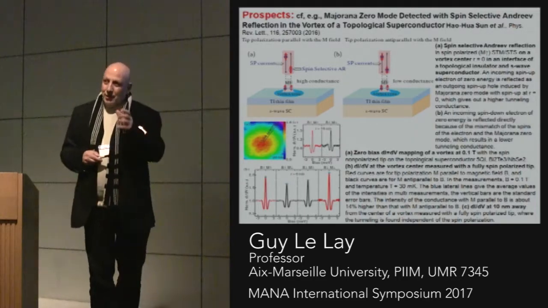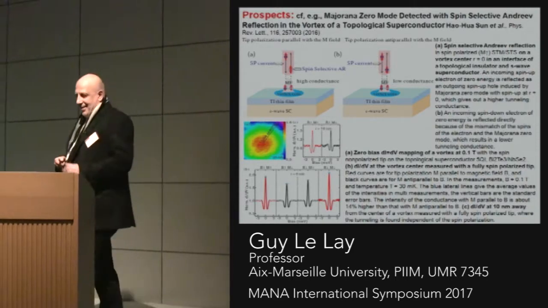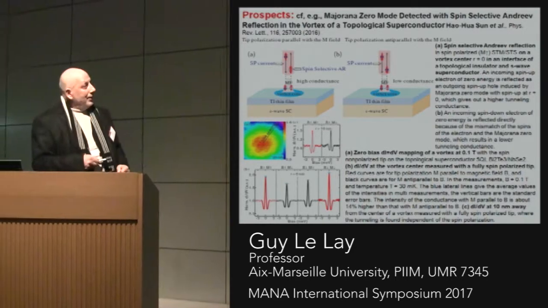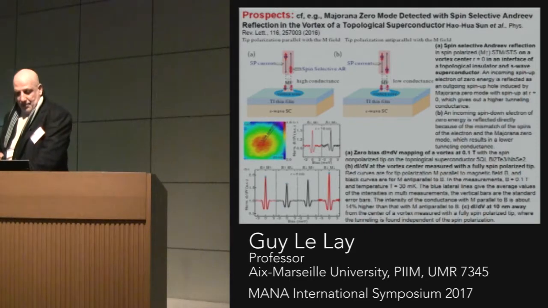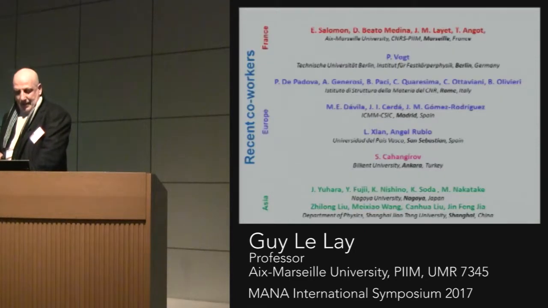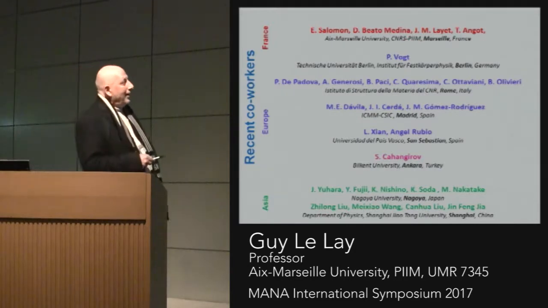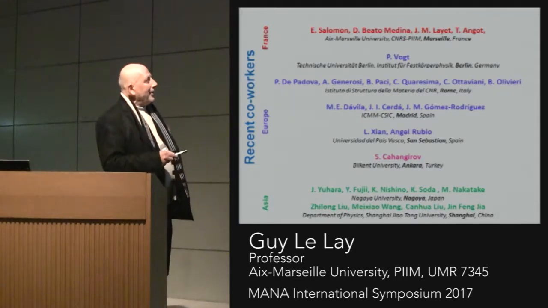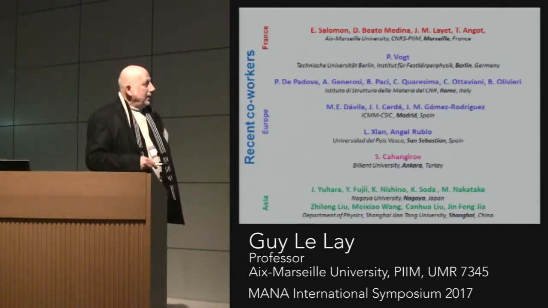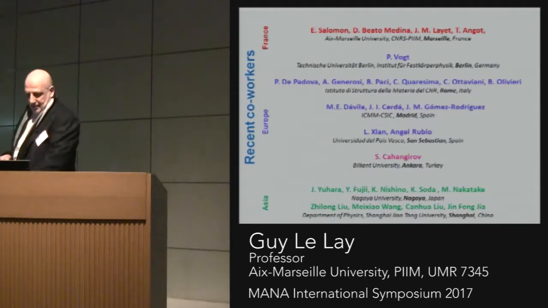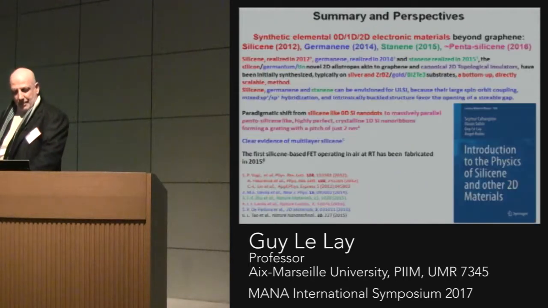In principle, we should have Majoranas at the vortex core when interfaced with an s-wave superconductor. Okay, I have to stop. Just very recent collaborators in different places. I mentioned the group of Yuhara sensei in Nagoya, but there are many collaborators in different parts of the world.